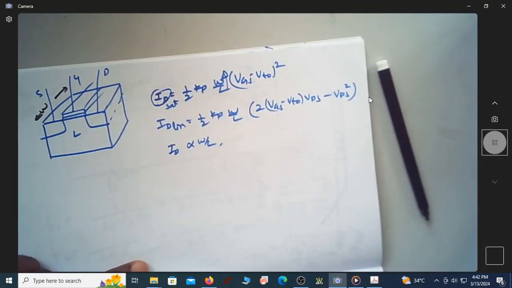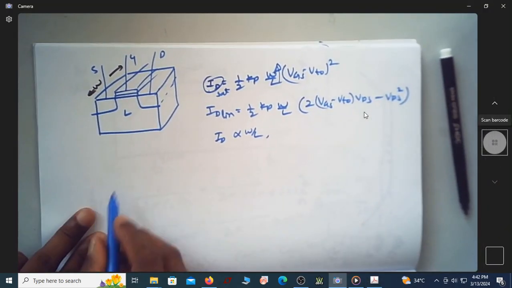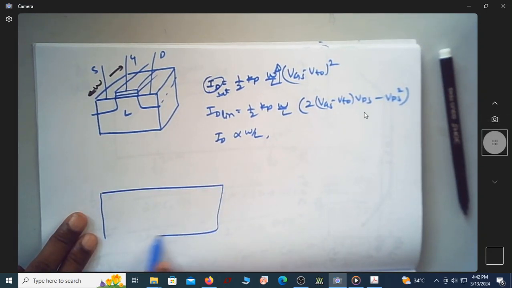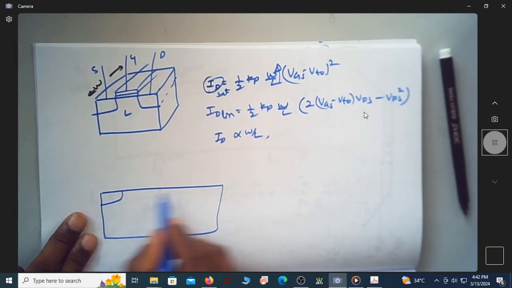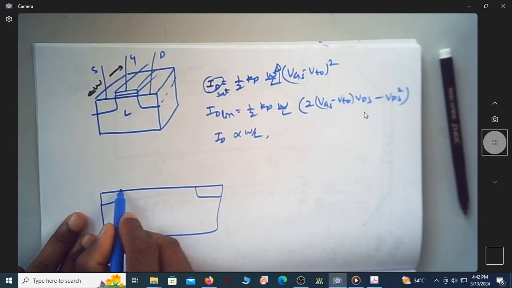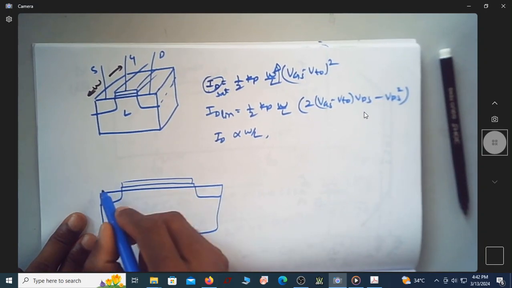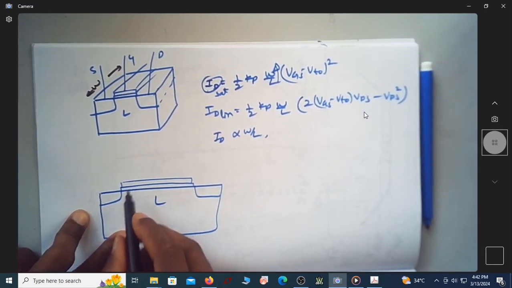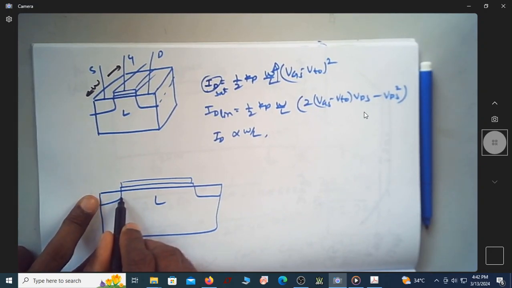Let us go back and write the structure of the MOSFET a bit more clearly. I am just exaggerating the channel length. So this is the length of the transistor. Assume you have something like this as the channel.